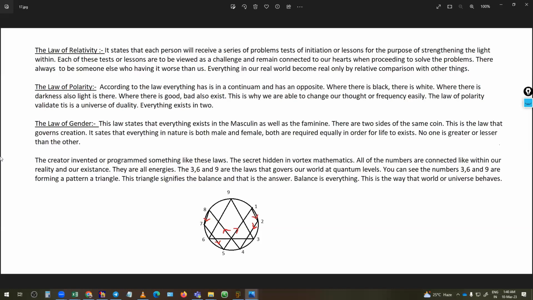This is why we are able to change our thoughts or frequency easily. The law of polarity validates that this is a universe of duality. Everything exists in two. There are no set points of where it starts and ends, and that marks the law of polarity.